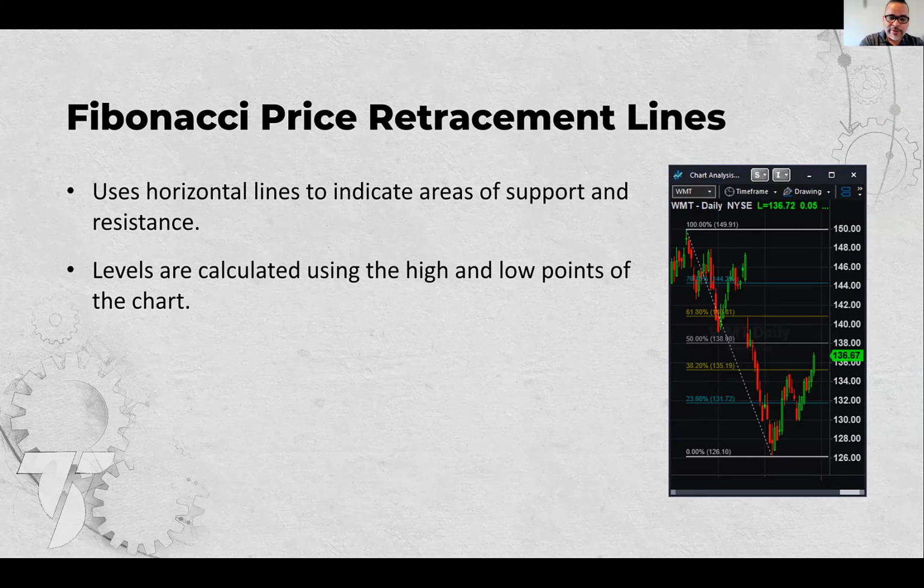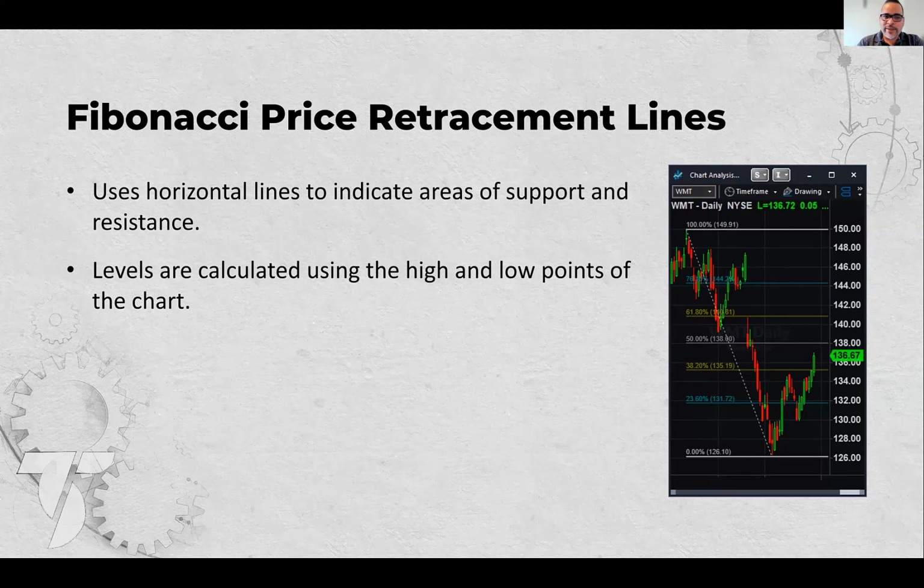Now, this particular radio button that you read here, says that they're calculated using the high and the low points of the chart. It's going to require you to identify what these highs and lows are. There's no right or wrong answer. You have to look at the chart and find a peak or a trough that you can use to draw these retracement lines.